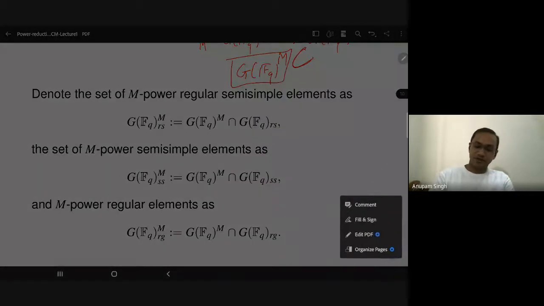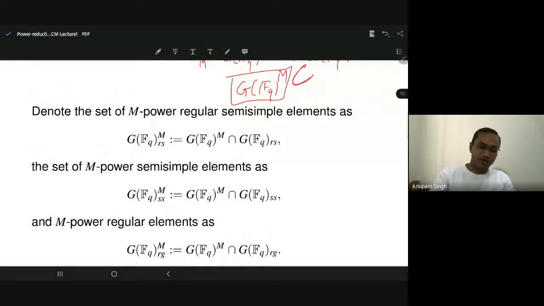There are a couple of things which I want to point out here. I am not looking at the image of G(F_q) RS under the power m. That is a slightly different subset. I also have the option of looking at the set of regular semi-simple elements and looking at its image, right?